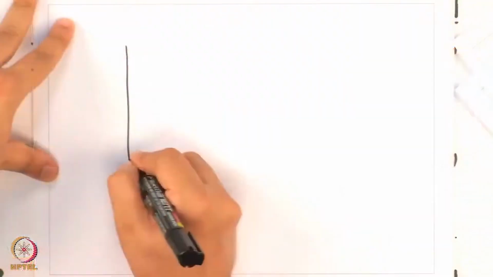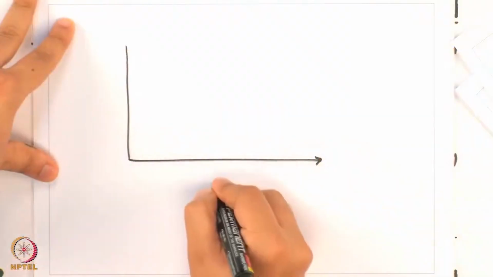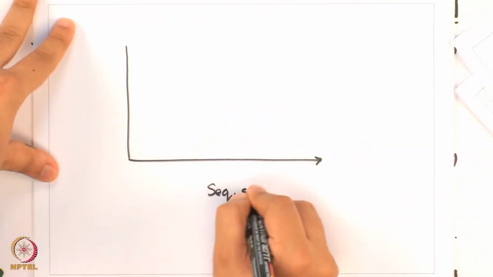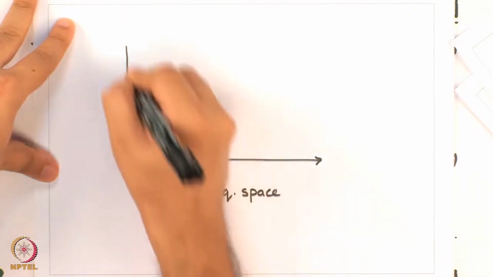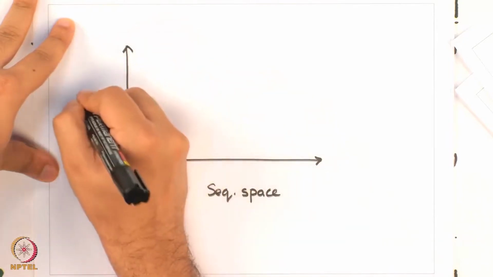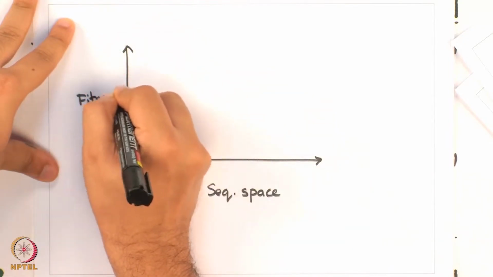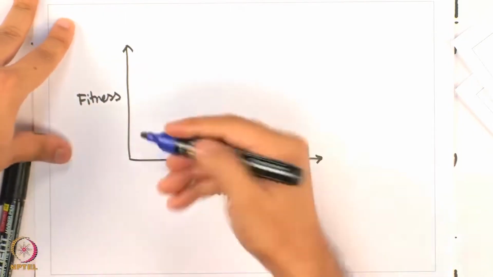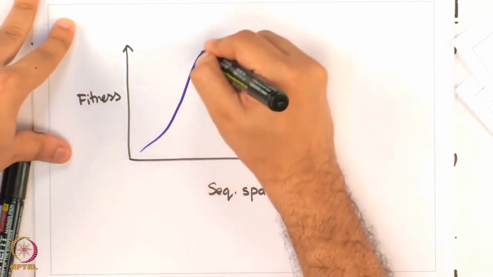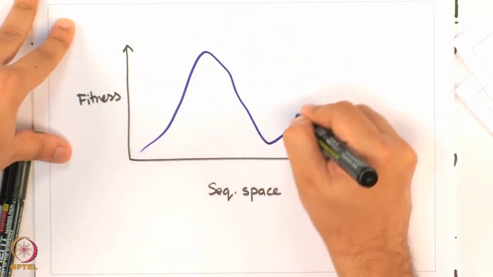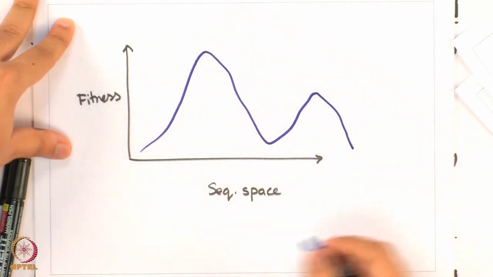So, in a simplified one-dimensional sequence space, this is fitness. We had seen that we could get many types of fitness landscapes, but let us imagine that this is the fitness landscape that I am talking about.